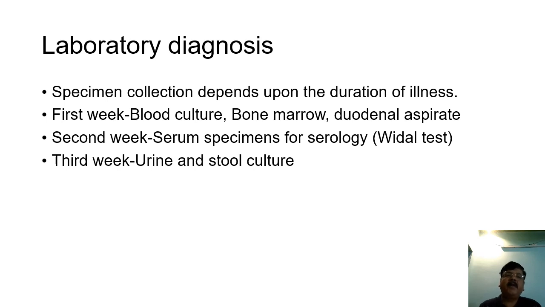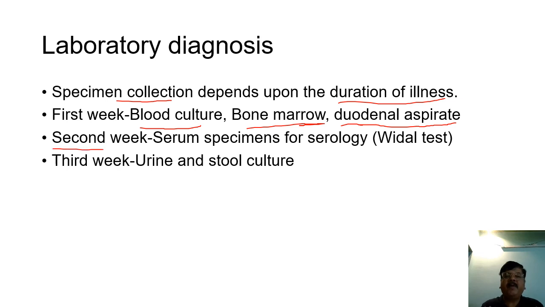Now come to the laboratory diagnosis. The specimen collection depends upon the duration of illness. In the first week, the samples collected are blood culture, bone marrow, and duodenal aspirates. Blood culture is the most favored option for sampling, whereas bone marrow and duodenal aspirates are invasive techniques for which we have to take patient consent, so patient compliance will be less.